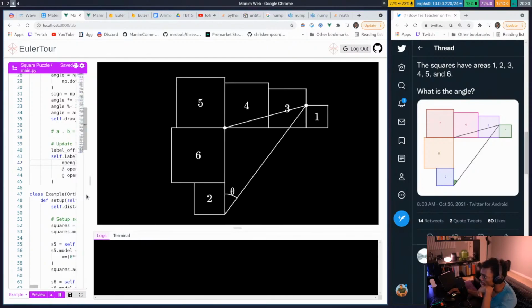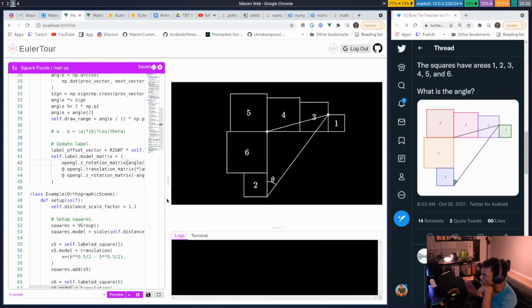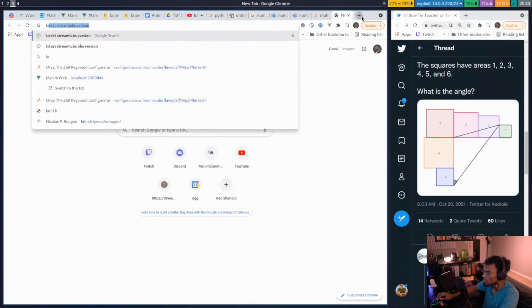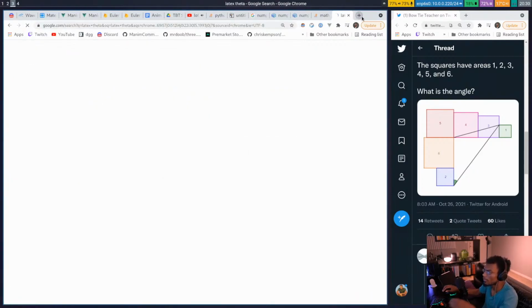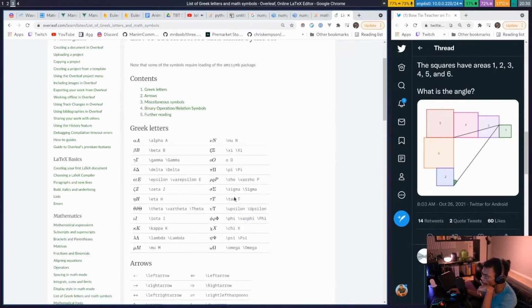Now I don't know if it's upside up or not. I think it's not, though. Yeah, that line should be straight across.